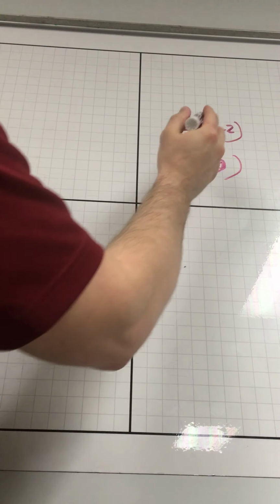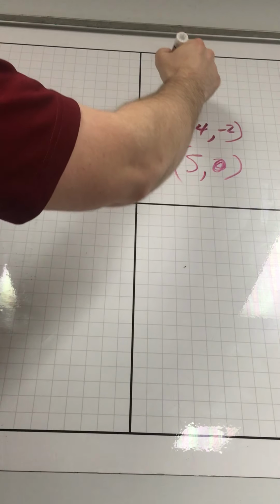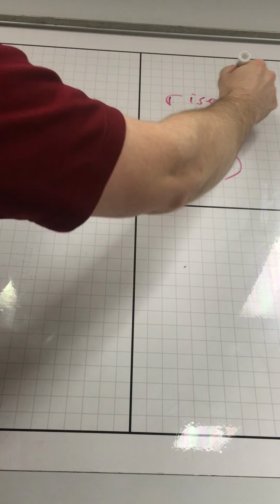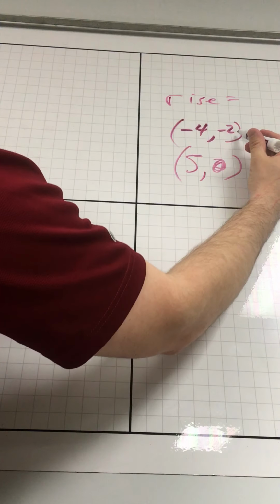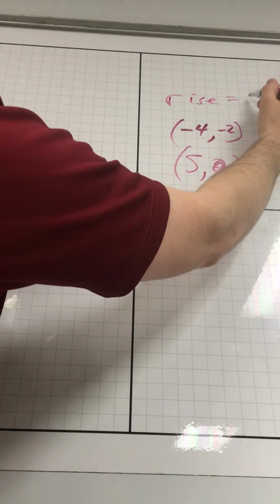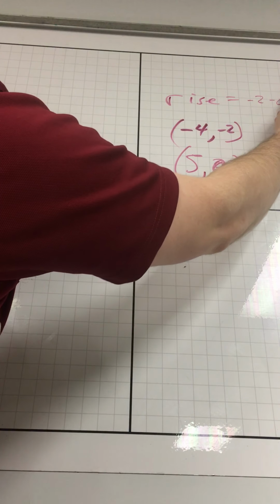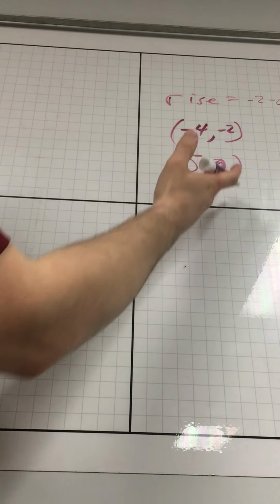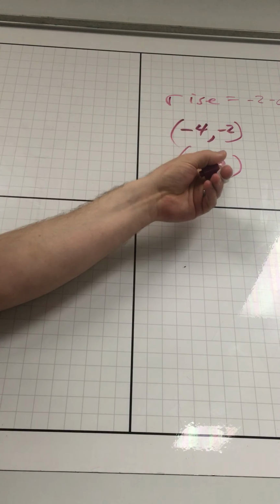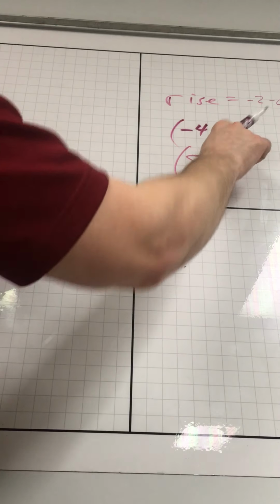So we find our change in y first. The second one's y, because that's the rise, right? What's the rise? Well, it's -2 minus 0. Of course, we know that's no change at all from -2 to 0. It's just a -2 change.